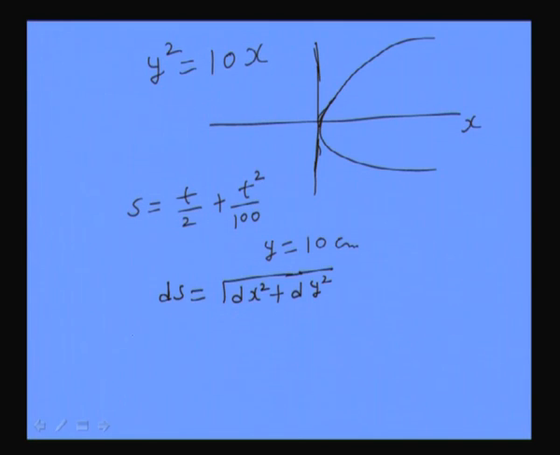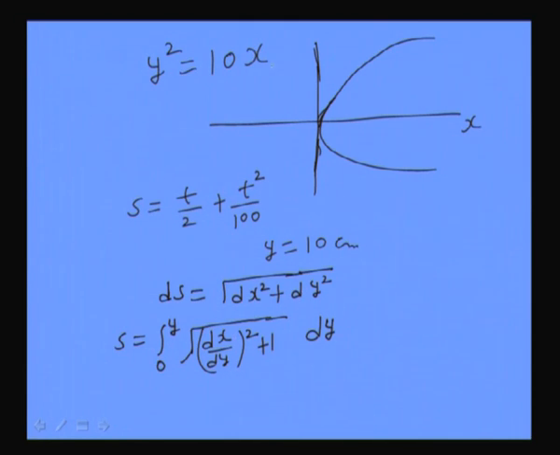Now we can write s is equal to the integral from 0 to y of under root (dx by dy) square plus 1, into dy. That is the expression for s.